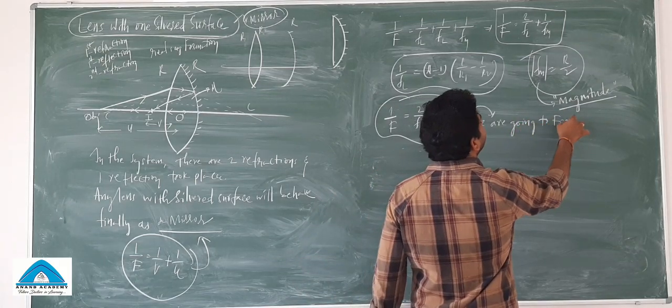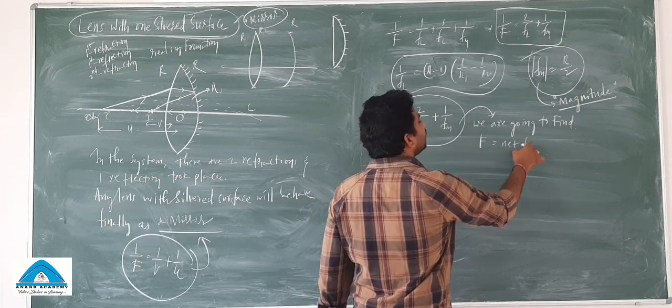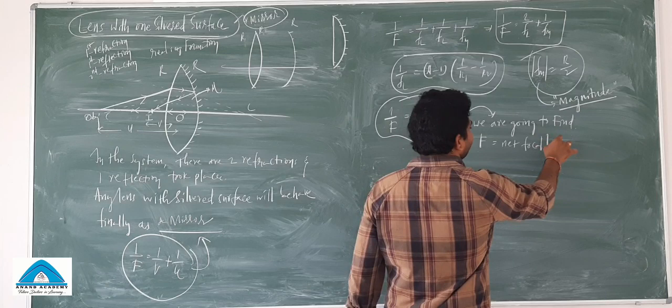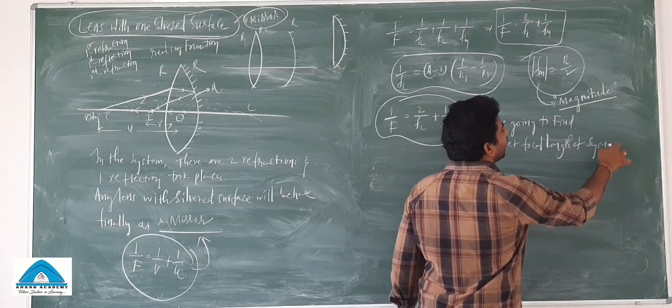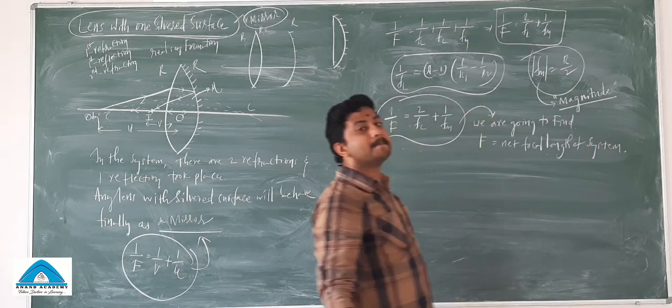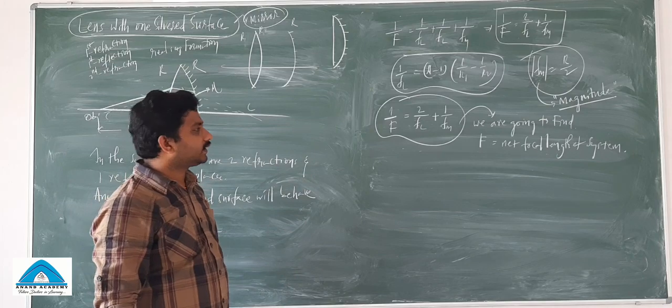What is our aim? To find the F value, which is the net focal length of the system. So that system is behaving as a mirror. Which mirror? Concave mirror.